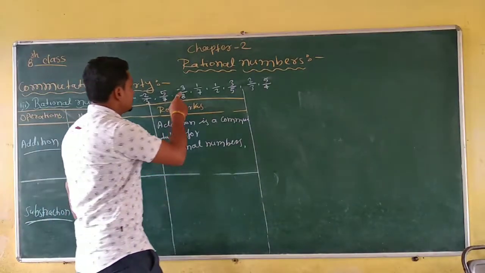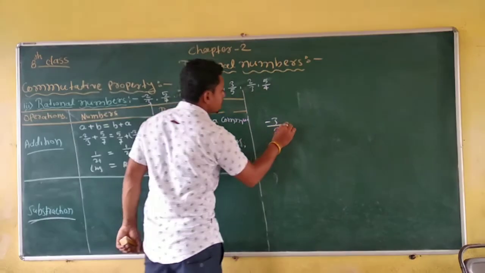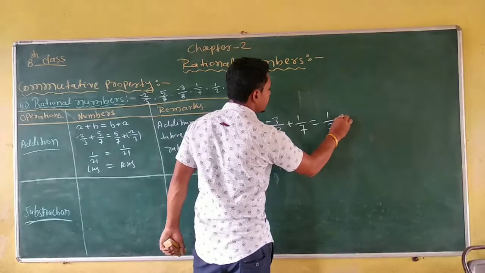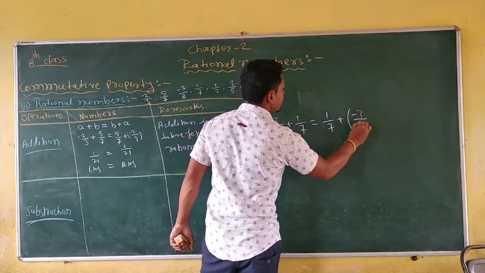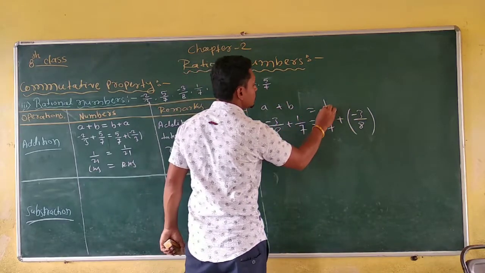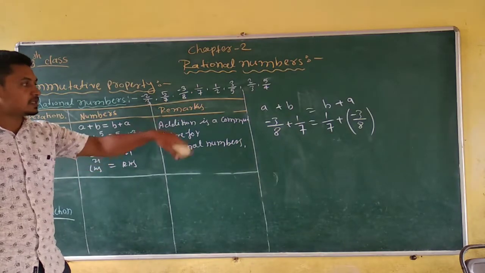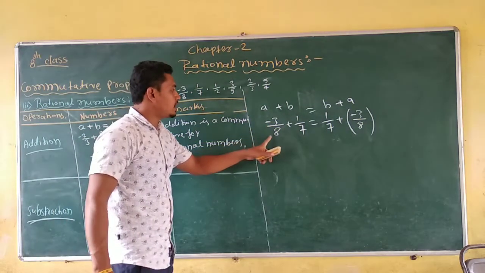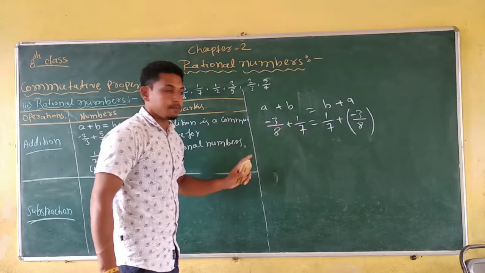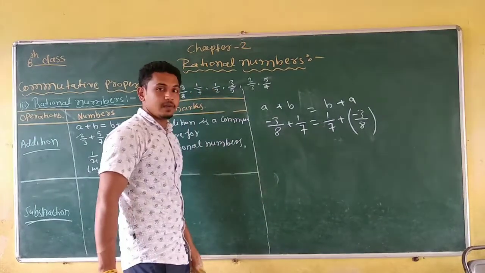See here, minus 3 divided by 8 plus 1 divided by 7 is equal to 1 divided by 7 plus minus 3 divided by 8. This is a plus b is equal to b plus a, where minus 3 divided by 8 is a and 1 divided by 7 is b.